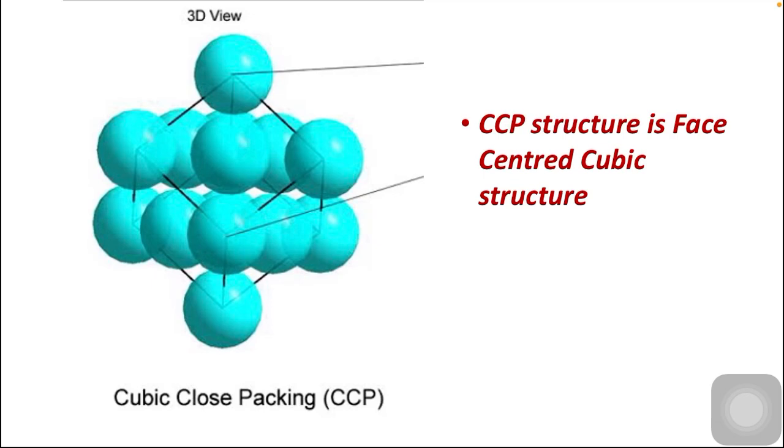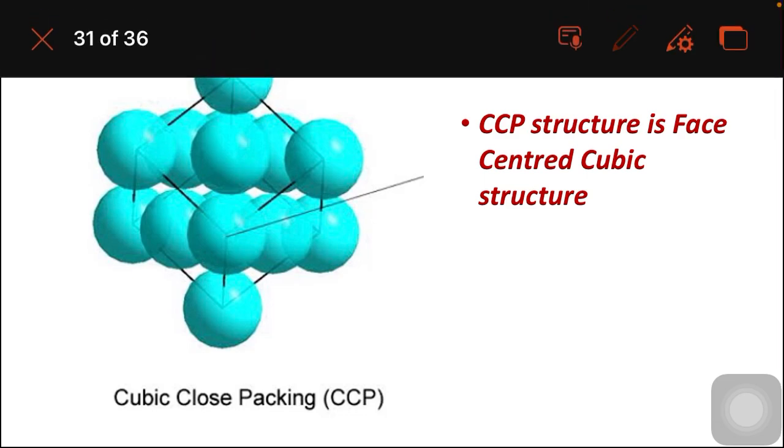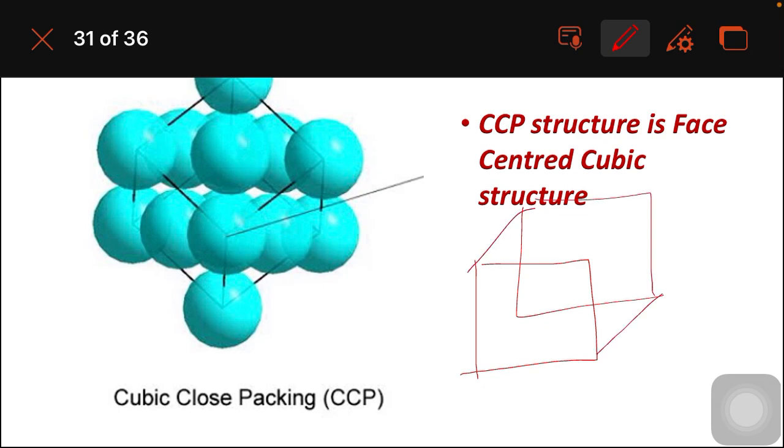Cubic closed packed structure is face centered cubic structure. Face centered cubic structure is like this, that atoms are present at the corner of the cube and also at 6 faces of this cube.